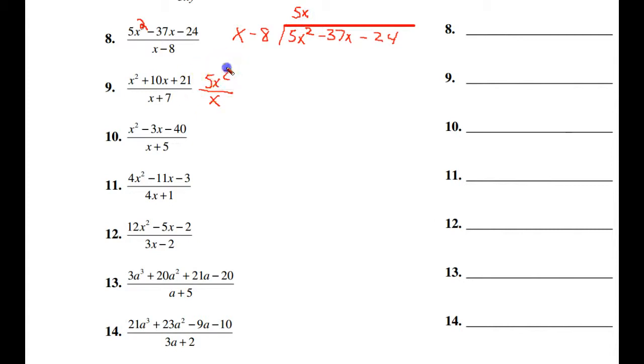Because this cancels out and we get 5x. Now, our next step is to take the x and multiply it by the 5x. So it gives you this first term. Now we take this second item, negative 8, and multiply it by this, and we get a negative 40x.